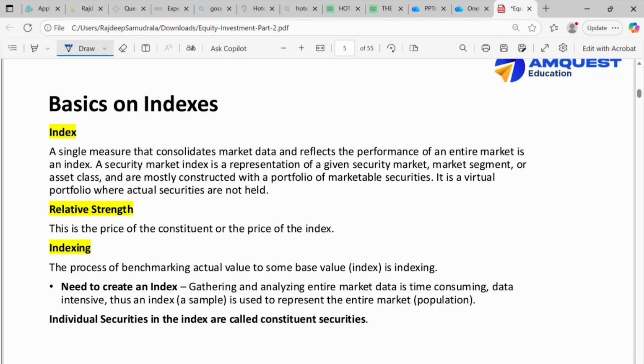In terms of measurement, it gives you a specific segment that you want to pick up, and you can evaluate the relative strength of the stocks or shares. When you're indexing, you're creating a benchmark value that helps you compare. When you manage a portfolio, you always want to see how well you did.